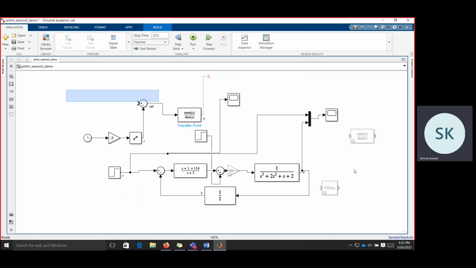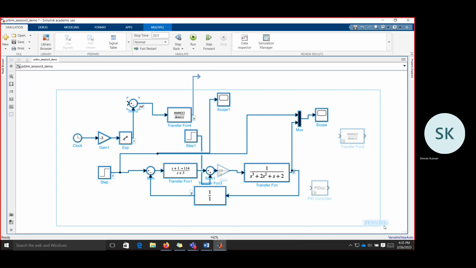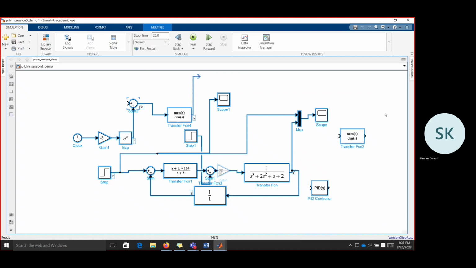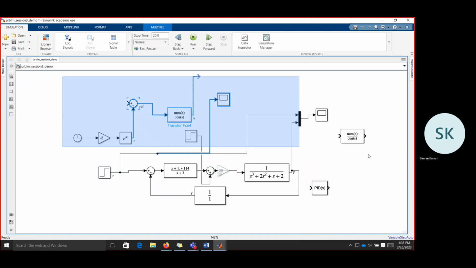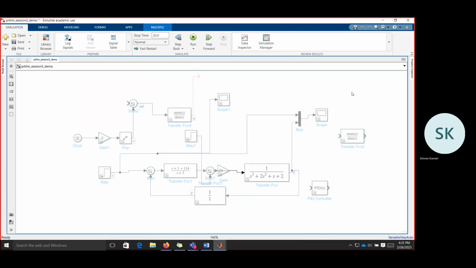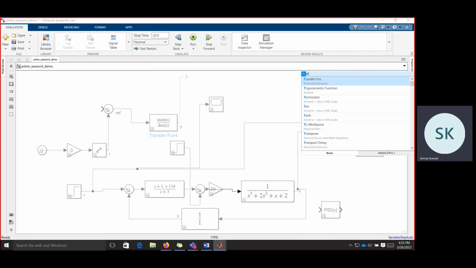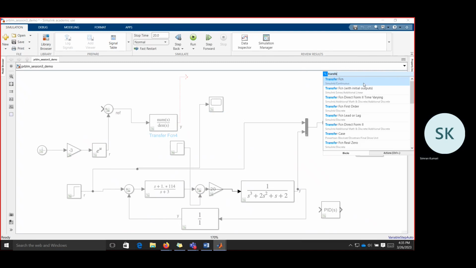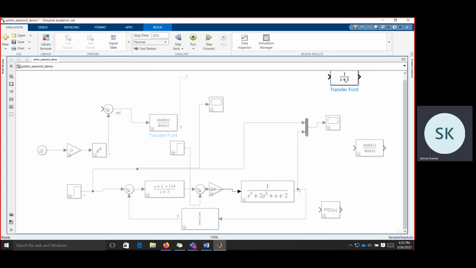Okay, so just comment it out. We'll add a transfer function. Okay. Then one more transfer function.